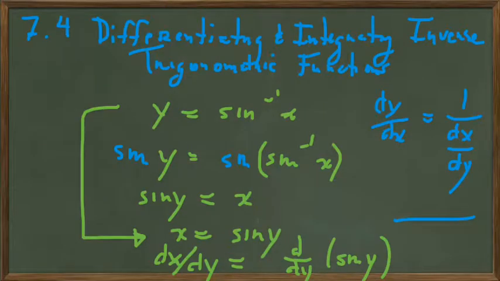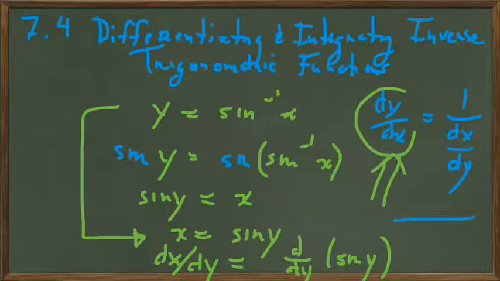If we go back to our original slide, we were trying to find dy/dx, and since we weren't able to do that directly, we were instead going to find it as the reciprocal of dx/dy.